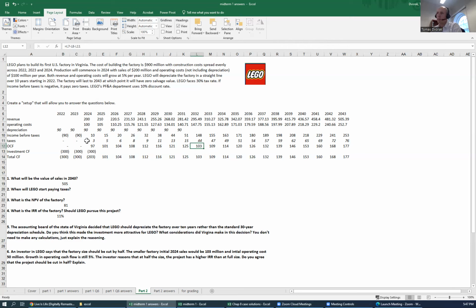It can get a little complicated if you don't have any taxable income, meaning that some of this early depreciation is wasted because you didn't have any tax liability to begin with.